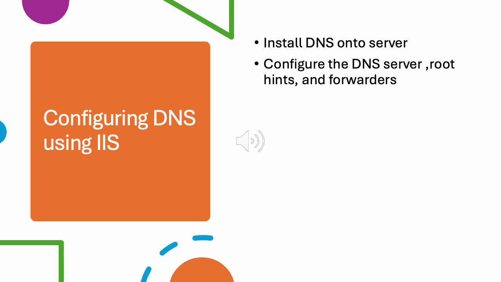Third, create DNS zones. Define primary and secondary DNS zones to manage domain name mapping efficiently. And then last, test name resolution. Verify that the DNS server correctly resolves domain names to IP addresses.